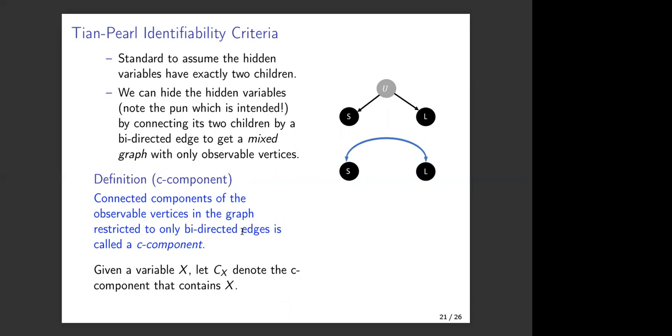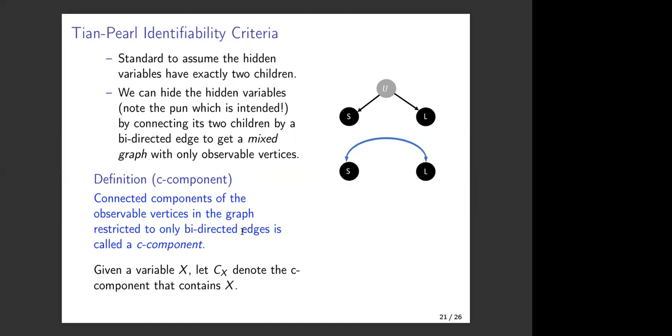In this, it's standard to assume that these hidden variables depend on only two variables, so each has exactly two children. It is a widely used assumption.